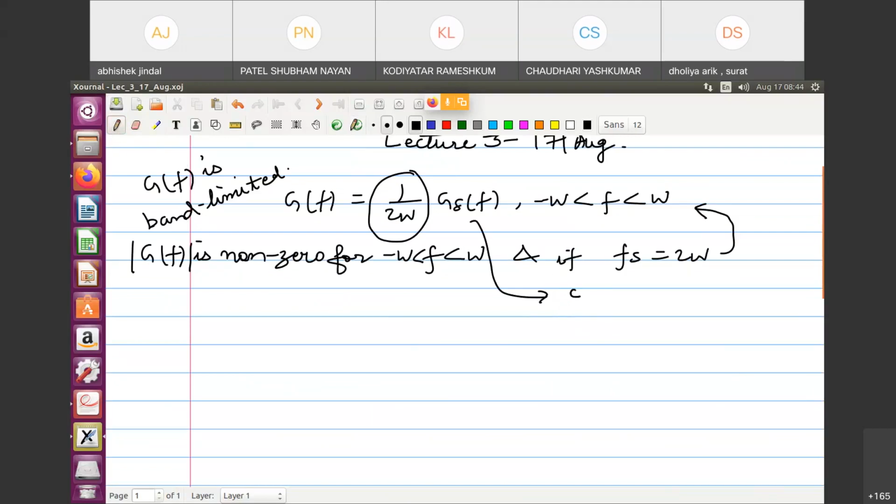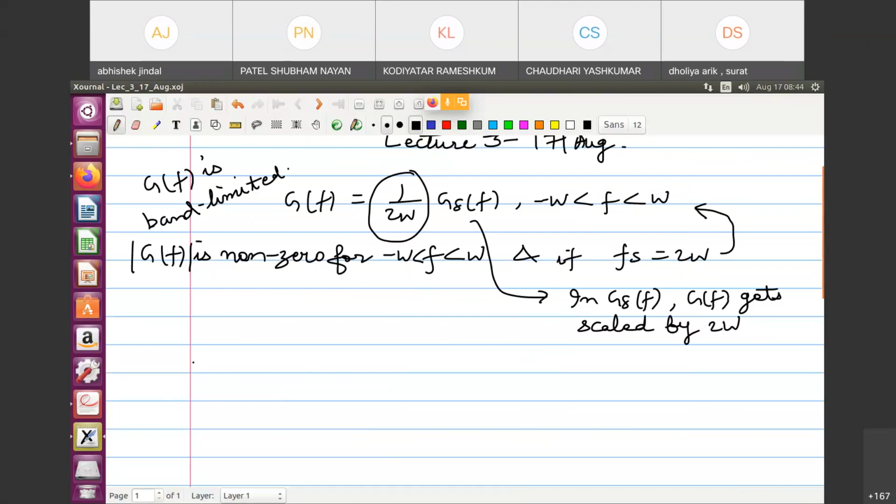So in G_delta(f), G(f) gets scaled by f_s. But here since f_s is 2W, I am writing it as 2W.